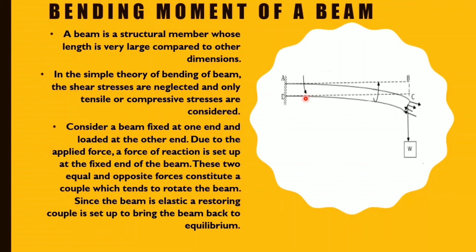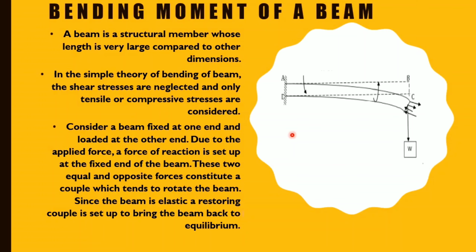So what happens due to these equal and opposite forces? The beam starts rotating. Since the beam is elastic, a restoring couple is set up to bring the beam back to equilibrium.